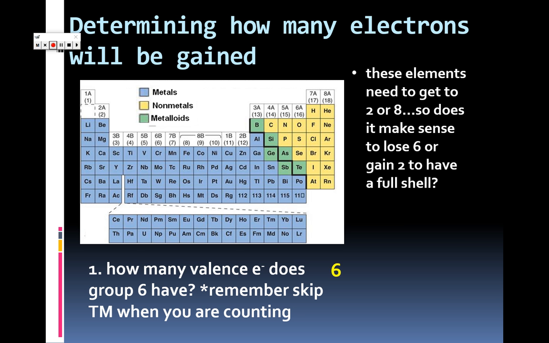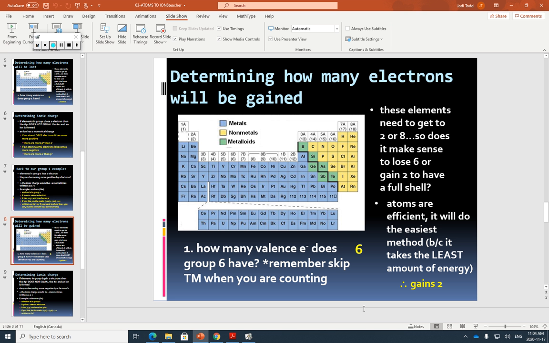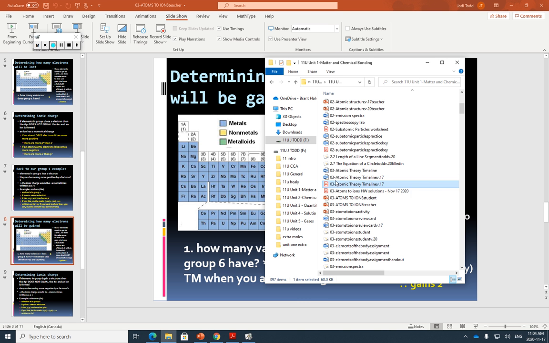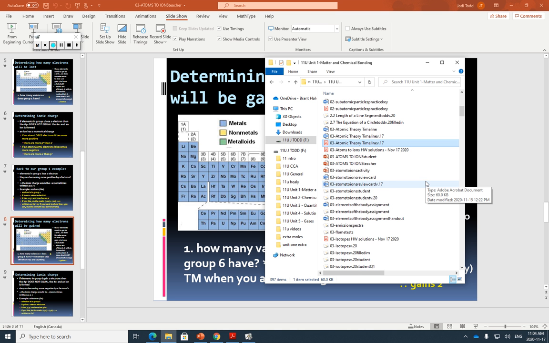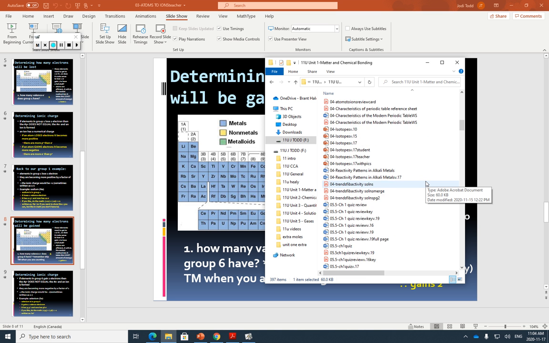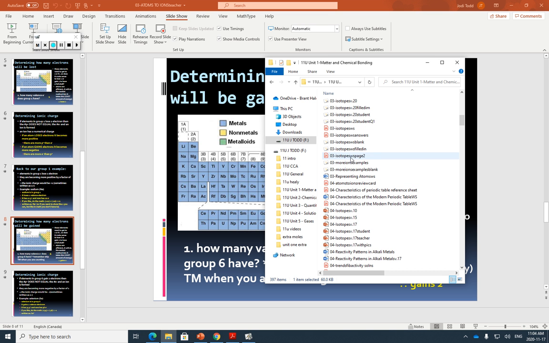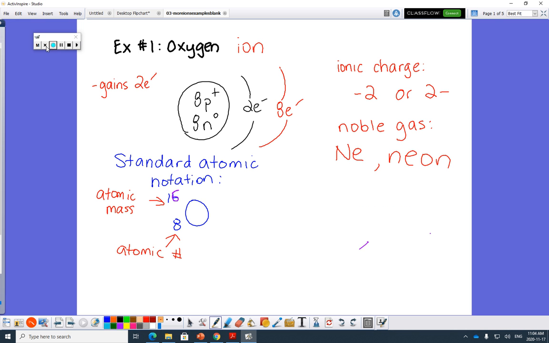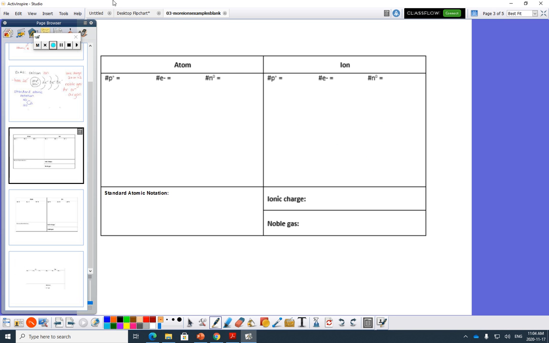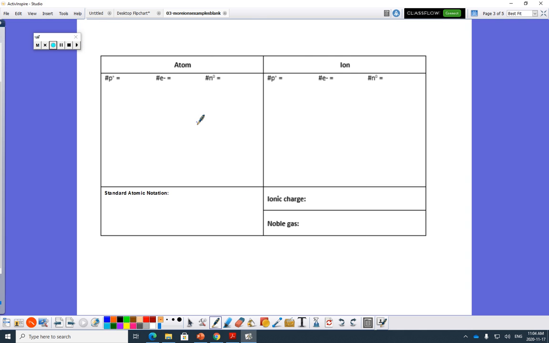All right, so let's look at the worksheet. You have a blank one there. If you can't read that, you can look at your worksheet, and it's the same thing.